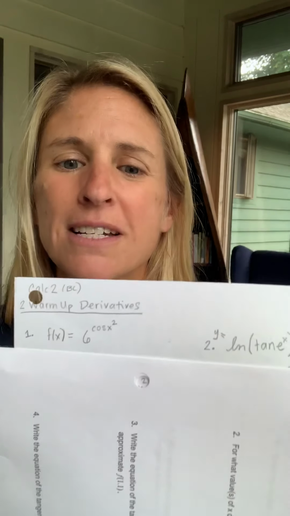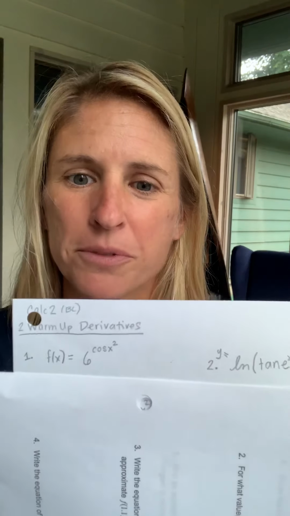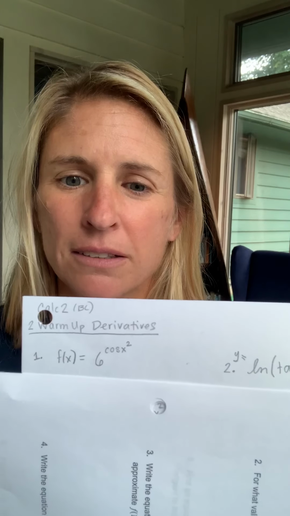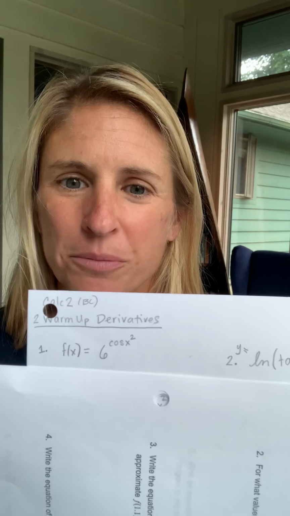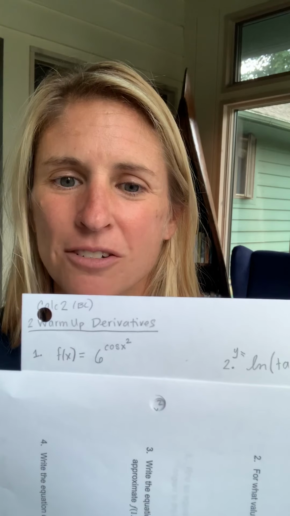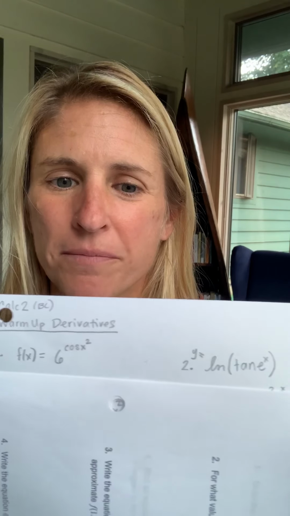So here's the warm up. Before we start, I want you to take a minute and write down these two problems. I guess you can also pause it, can't you? But f of x is 6 raised to the cosine of x squared.